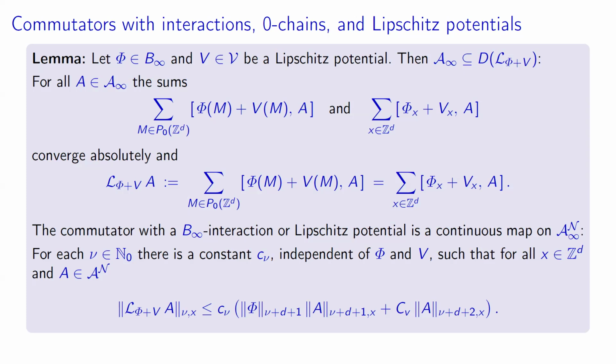But on a sufficiently small set, this function differs from the constant function only by something which is proportional to the Lipschitz constant, no matter where I am. So I really see in these commutators only the gradient of this function, the Lipschitz constant.